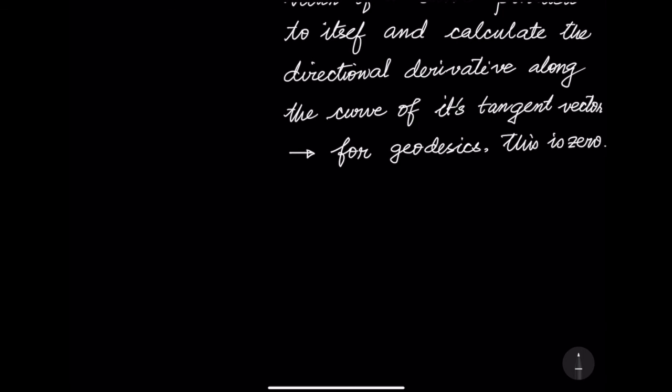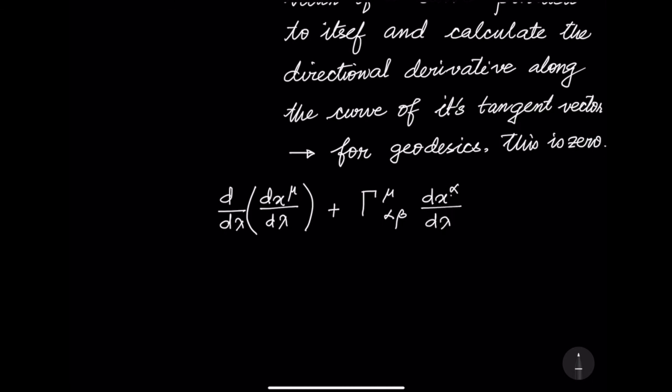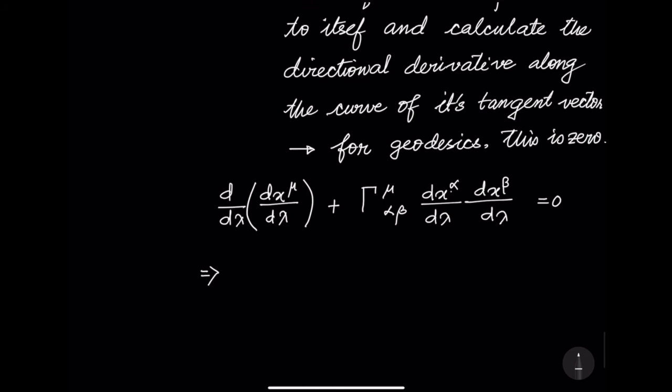So the covariant derivative of the tangent vector itself is this, equals 0. Okay, so this is the expression for geodesic.